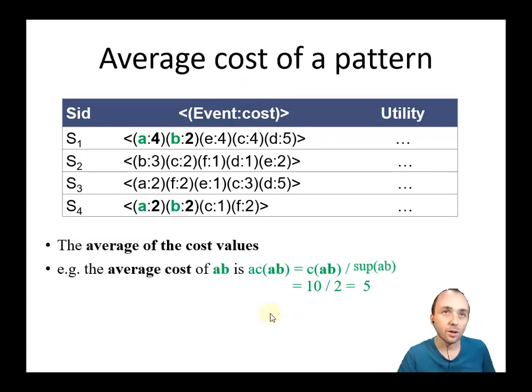So the average cost of AB: we have AB in the first sequence with a cost of 6, and AB in the fourth sequence with a cost of 4, so 4 plus 6 equals 10, divided by how many sequences contain A followed by B, which is the support of AB. 10 divided by 2 equals 5. So this is the average cost. Most people who use AB usually spend a cost of 5 to do this. 5 hours or $5 and so on.